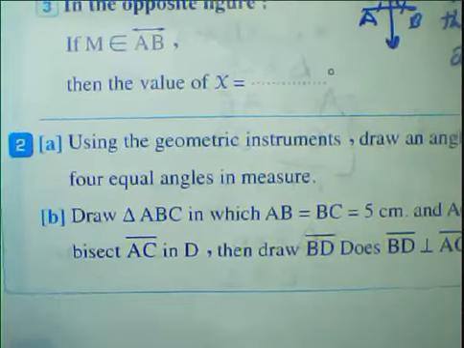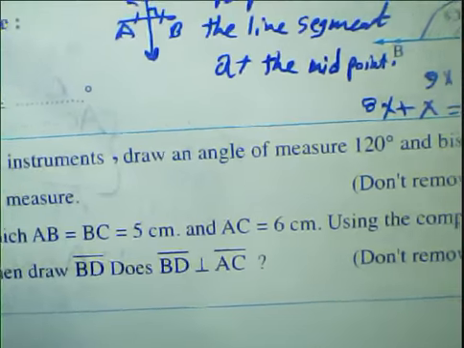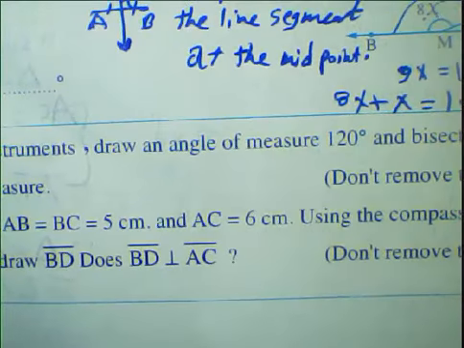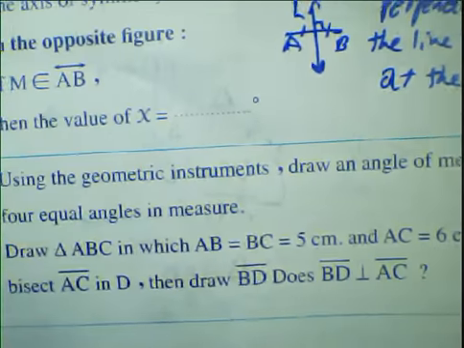Question letter A: using geometric instruments, draw an angle with measure 120 and bisect it into 4.